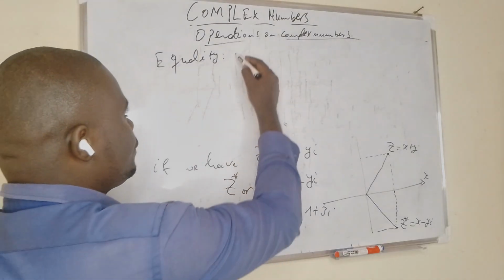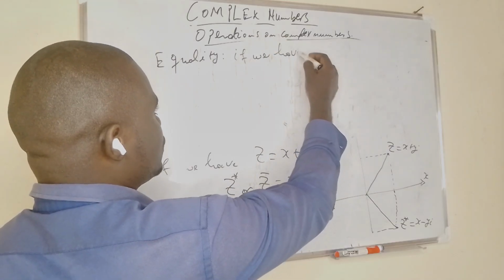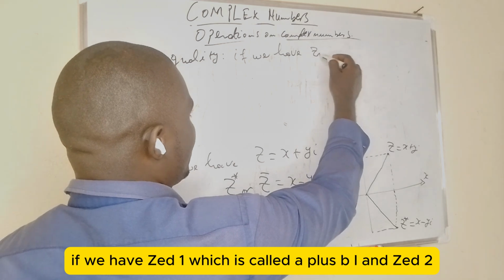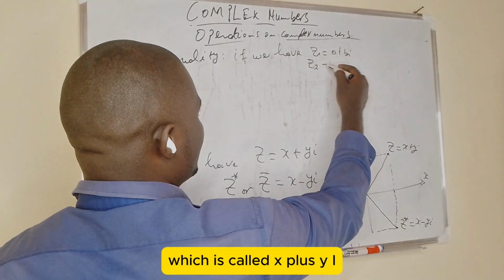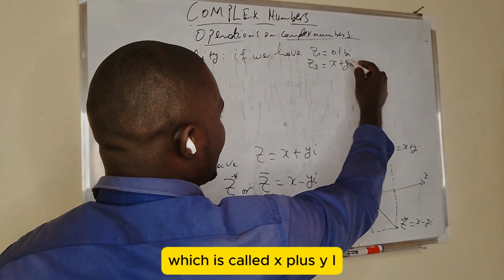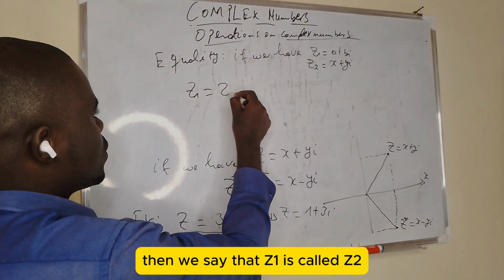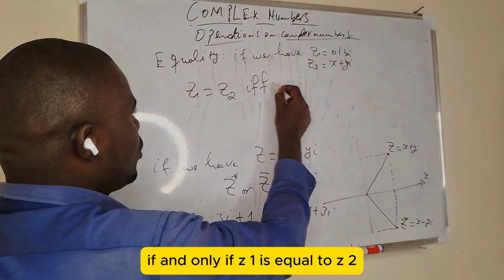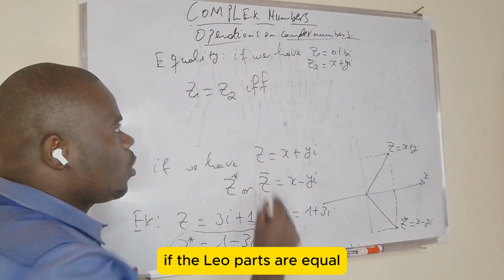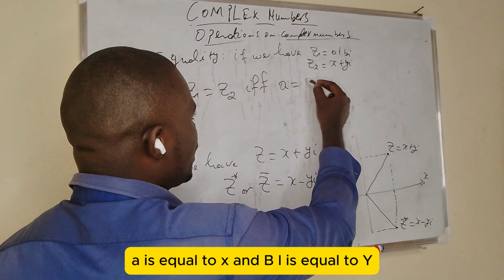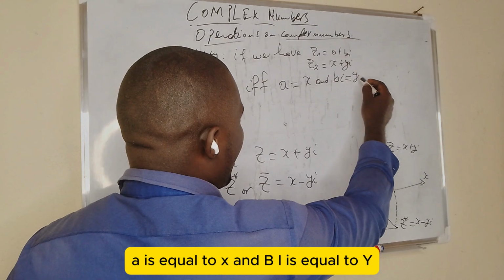If we have two sets, z1 equal to a plus bi, and z2 equal to x plus yi, then we say that z1 is equal to z2 if and only if the real parts are equal, a is equal to x, and bi is equal to yi.